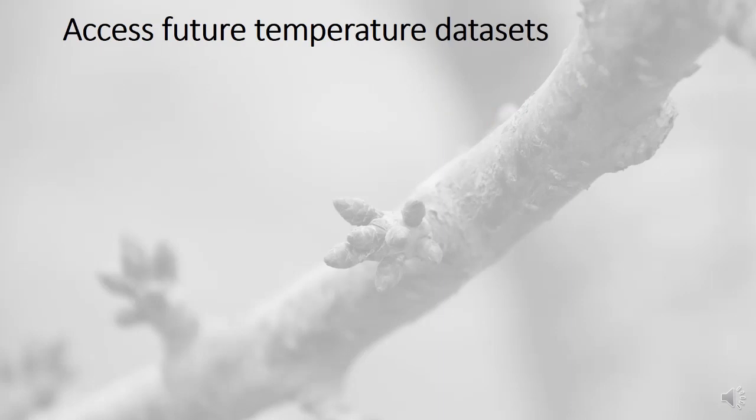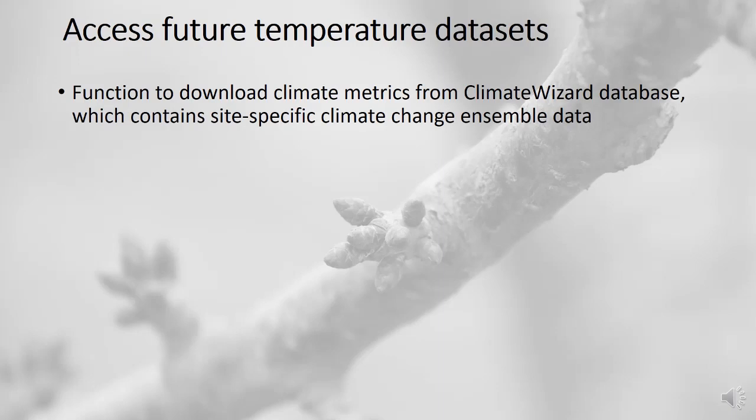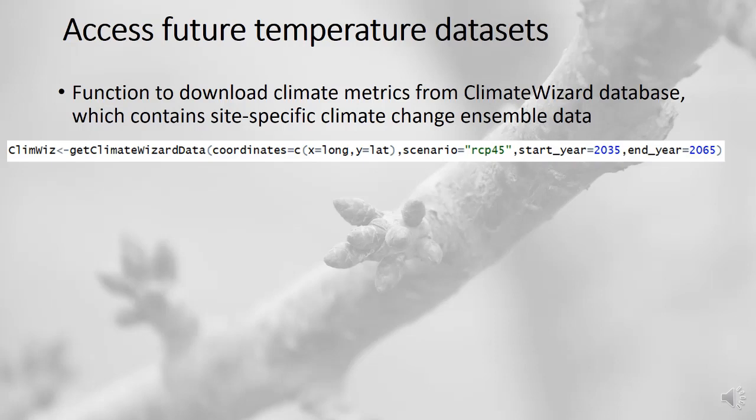We may not only be interested in scenarios from the past, but also for the future. And for this, I've included here a function that downloads climate metrics from the Climate Wizard database, which contains site-specific climate change ensemble data. Because for climate change analysis, we should be looking at the output of lots of climate models, which is usually pretty hard to come by, but this database has assembled much of such information.